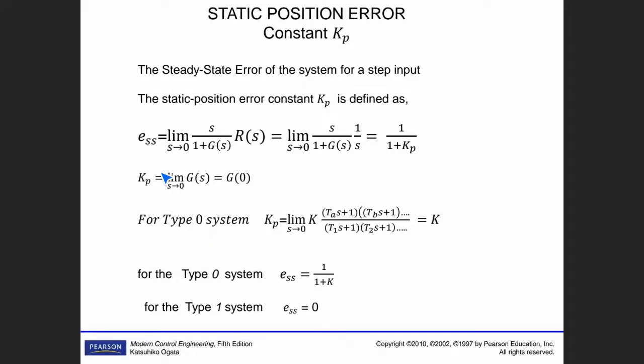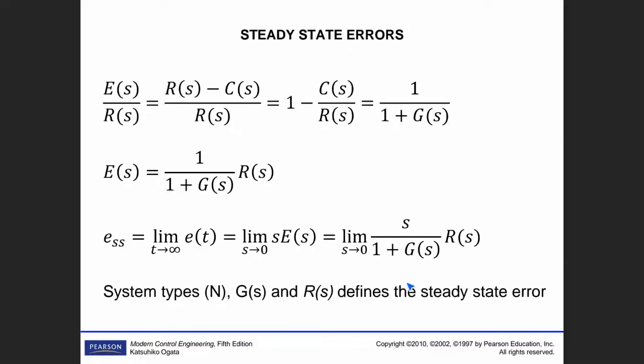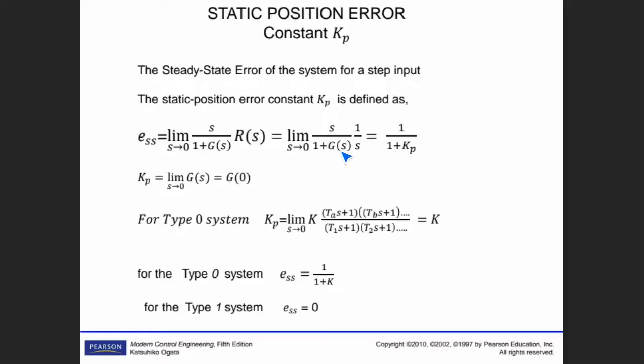and then, of course, classify with respect to type. For then what they say, you remember this equation here, limit s goes to 0, s over 1 plus G(s) times R(s). This is a general equation. So if you come here, this is for step input, is equal to this one.